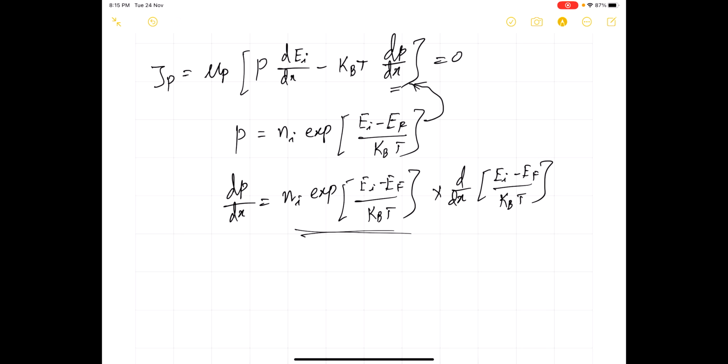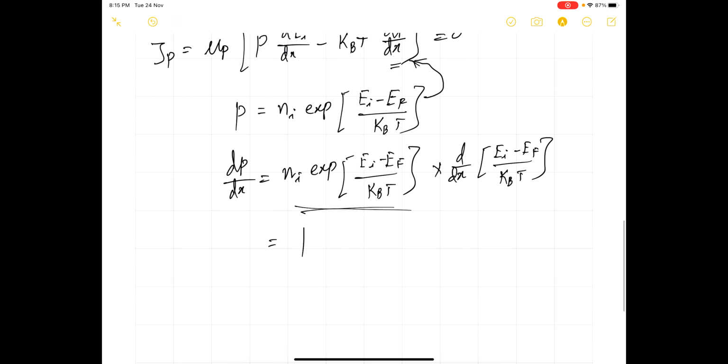This term is again p. So this is equal to p into 1 divided by kBT into dEi by dx minus dEf by dx.